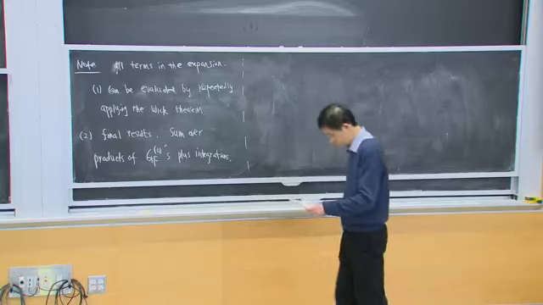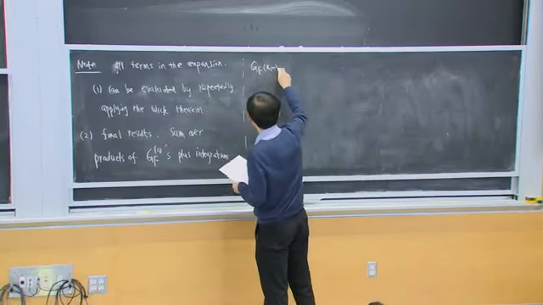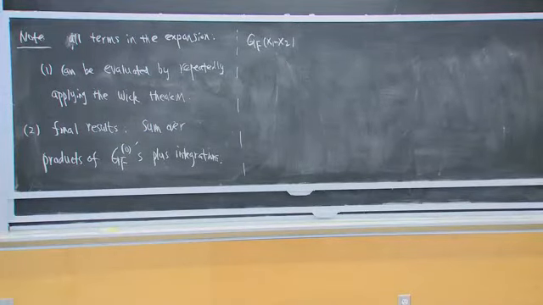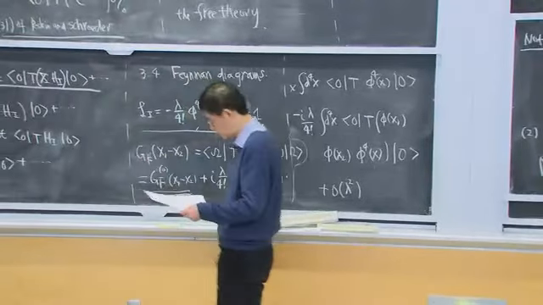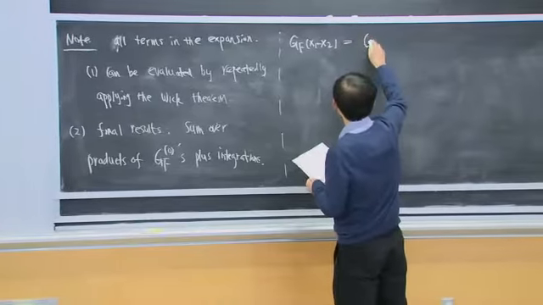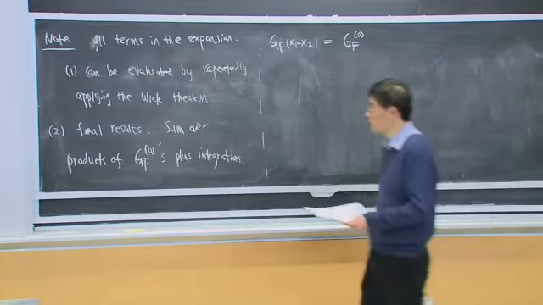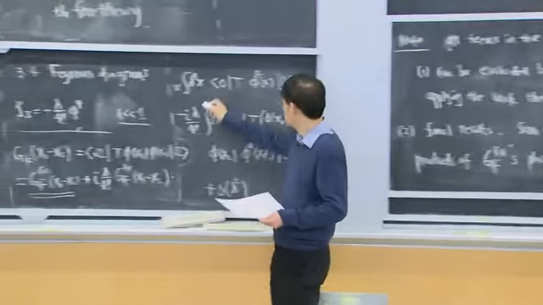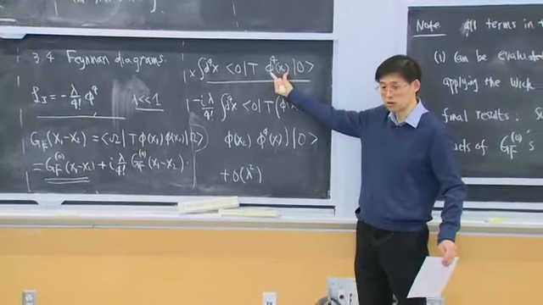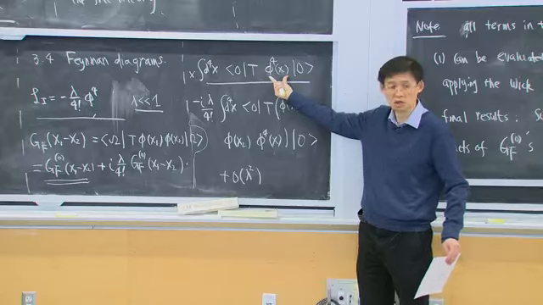So let's continue. We find that G_F(x1 minus x2), and G_F is the same as G2. For the 2-point function, this is just the Feynman function for the interacting theory. So the leading term is just G_F^0. And now let's evaluate this term. This is all φ contracted at the same point, so there are 4 φ's and we can contract them among themselves.